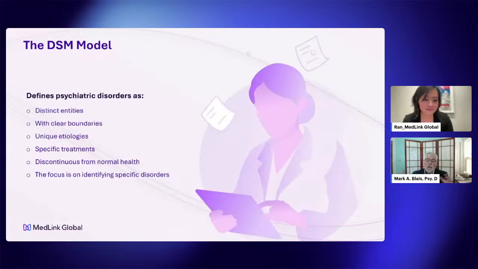So what does it say in the DSM about psychiatric disorders? Well, it's based on a categorical or a medical model, which is understandable. Psychiatry is a branch of medicine, but it defines mental illness as distinct entities. So therefore, depression and anxiety are considered distinct disorders, even though they occur together with incredible commonality. These disorders should have distinct boundaries.